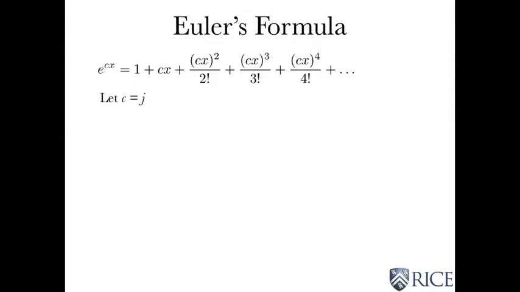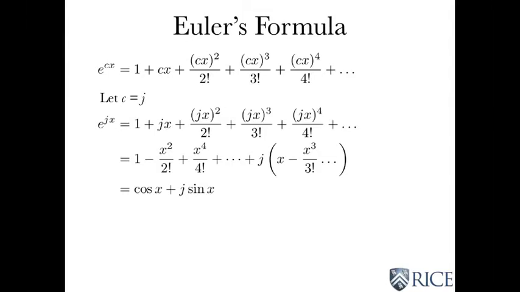Well, he didn't know what e to the jx was, but one way of looking at it is to use the Taylor series formula and see what you get. So here are the calculations that he made. So he just plugged in j for c everywhere in the formula, and just did the usual rules that we just talked about.